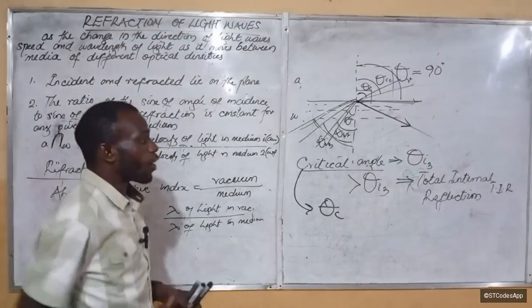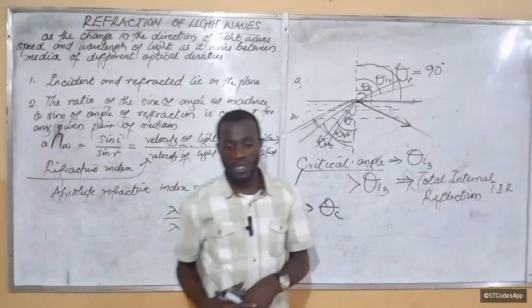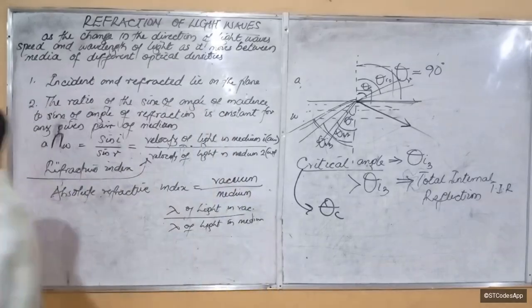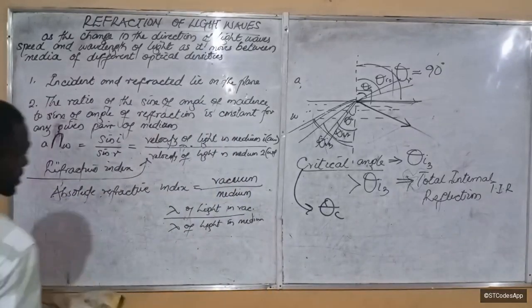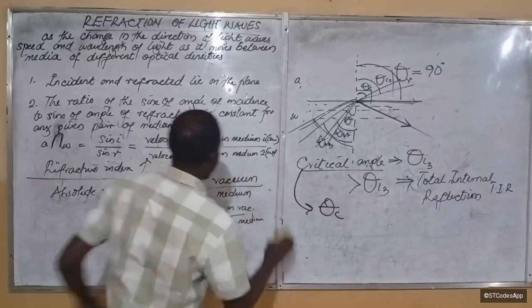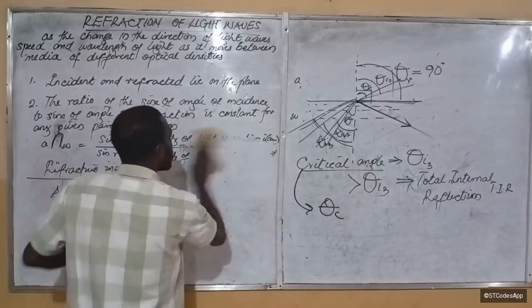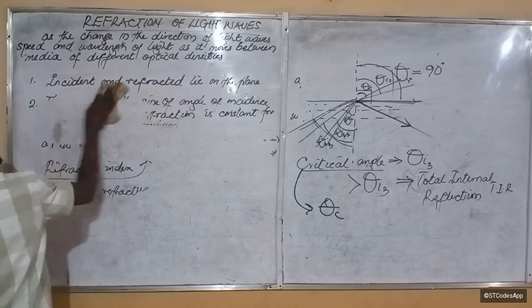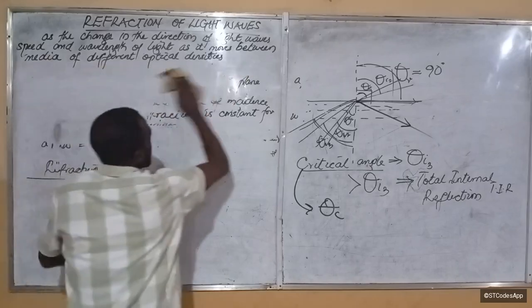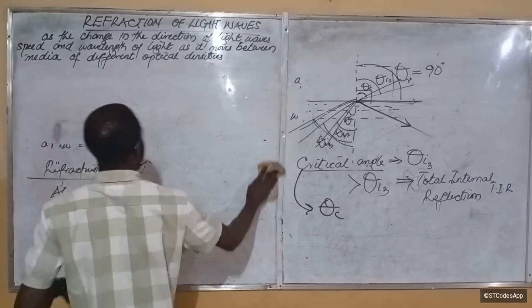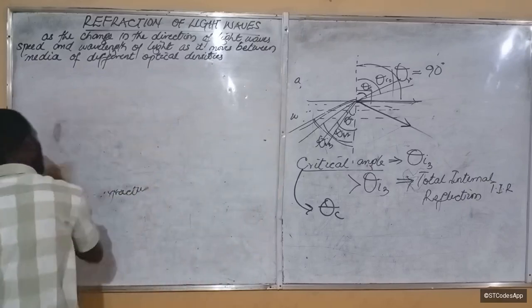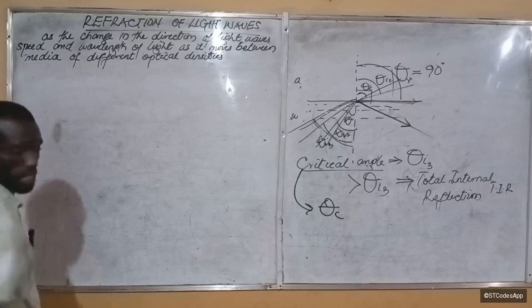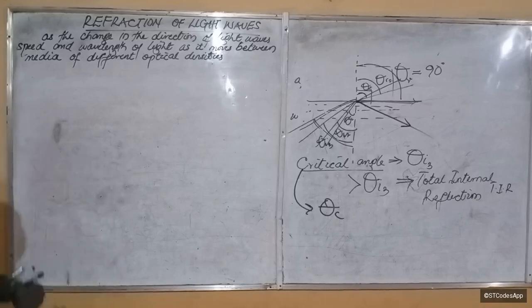Yes, let's continue. Now, what is the physical or real life phenomenon that we can explain with total internal reflection? Now, you must have heard about what is called mirage, right?